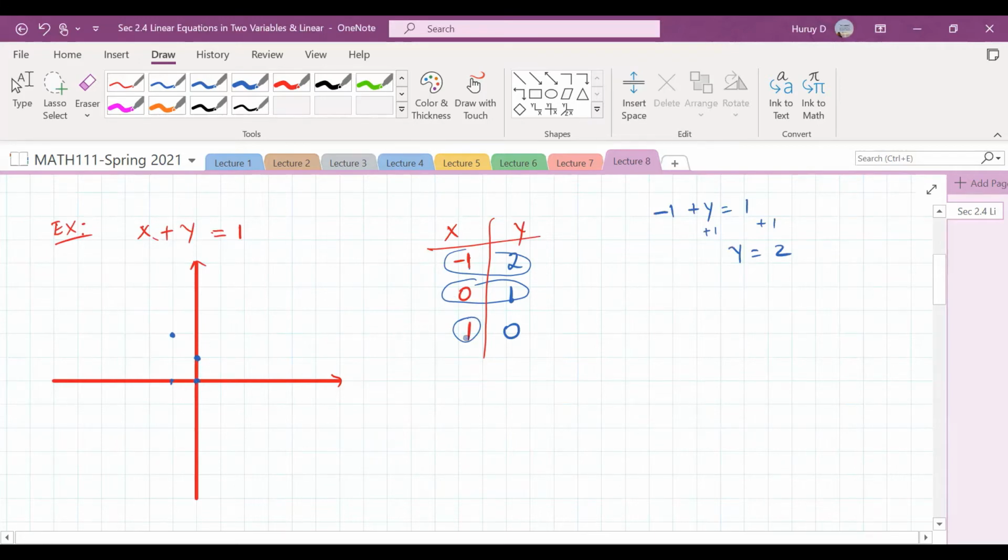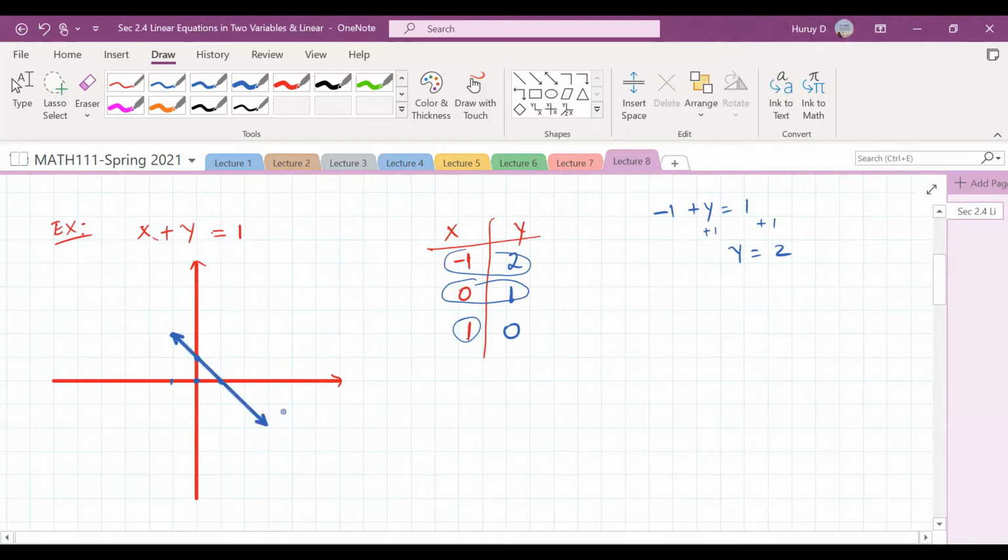And then the third one is 1, 0. X is 1, so it's right here. And y is 0 means the x-axis. Therefore, the point is here. Now, if we connect these points, we get something like this.